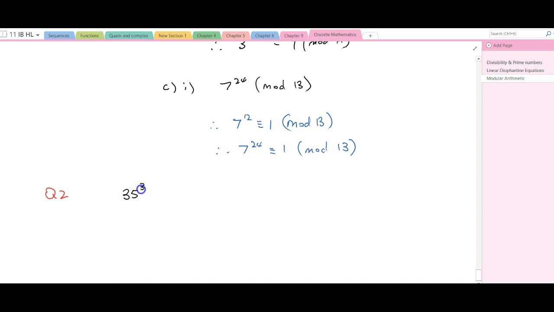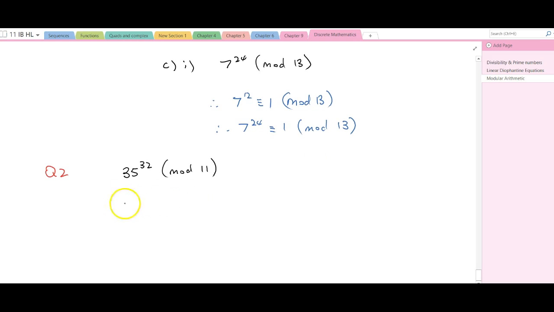35 to the power of 32 when it's divided by 11. So I want that in mod 11. Okay. Now I know 11 is prime, so I know that 35 to the power of 10, 35 and 11 are co-prime, so I know that's equal to 1 in mod 11.